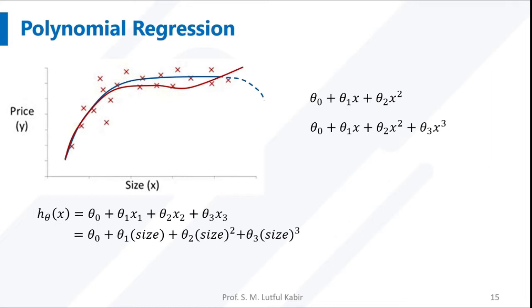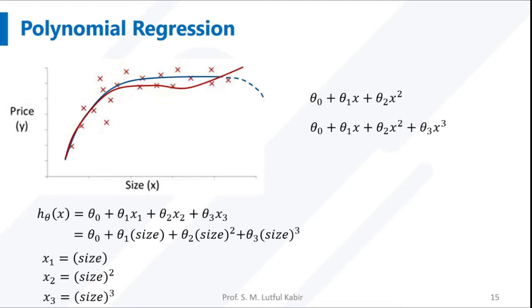So it appears that if I choose features such that x1 equals size, x2 equals size square, and x3 equals size cube, then these three features fit the multivariate linear regression hypothesis. So in this manner, we can fit a polynomial equation by defining different input features.